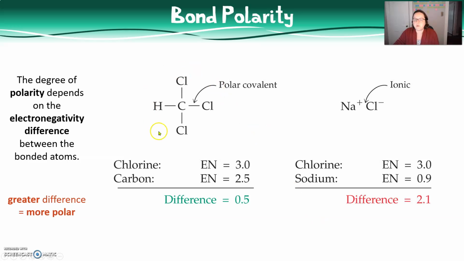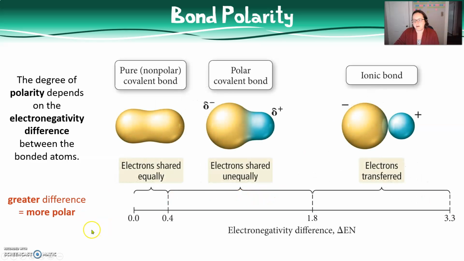Therefore, we consider chloroform, the molecule on the left, to be a covalent compound, whereas sodium chloride is a well-known ionic compound.